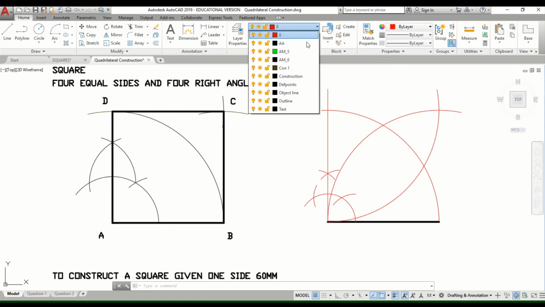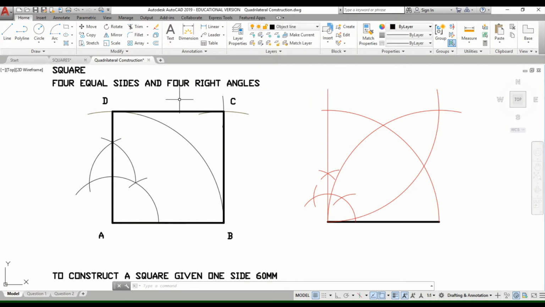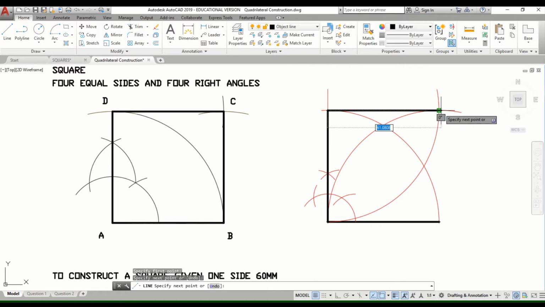So I'm going to go to Object Line and using the line tool, complete the square.